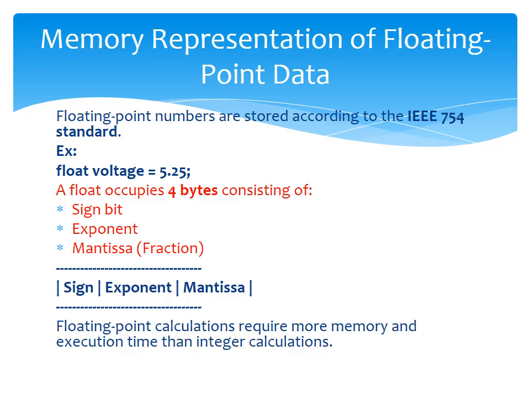If a float value, a float voltage 5.25, is given, this cannot be accommodated in a single byte or 2 bytes. It needs to occupy a 4 byte memory location. It has a sign bit, an exponent, and a mantissa, that is the fractional part.